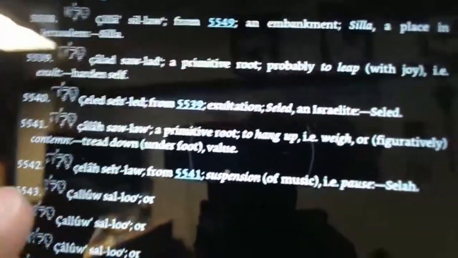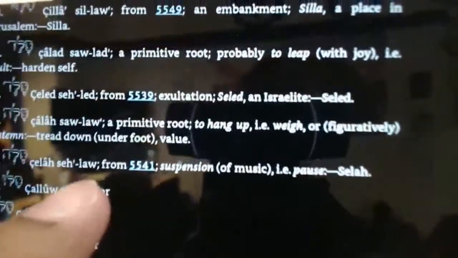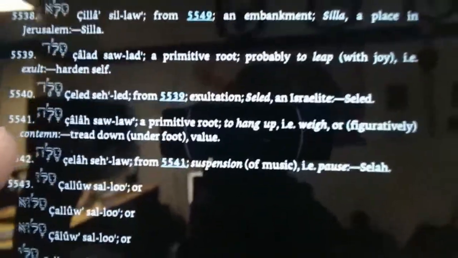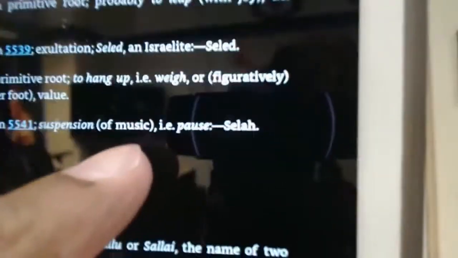And then you have the one that was just mentioned, Selah is from 5541, which is like what we said, and it means suspension of music or a slight pause.